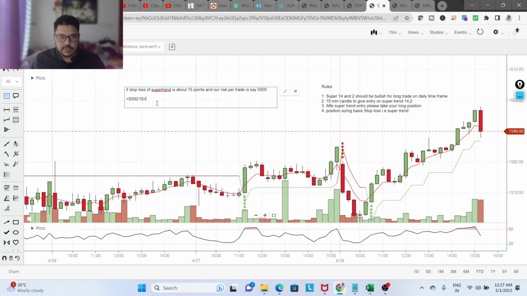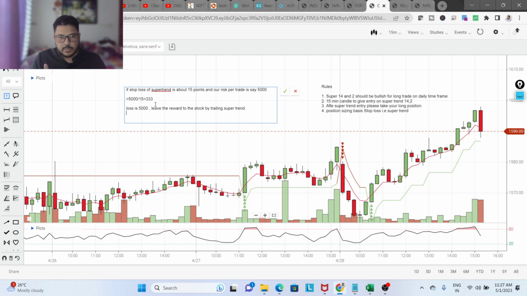So if you take a 333 quantity, if you go wrong, your loss is 5,000, and the gain you can leave the reward to the market, by trailing Super Trend.